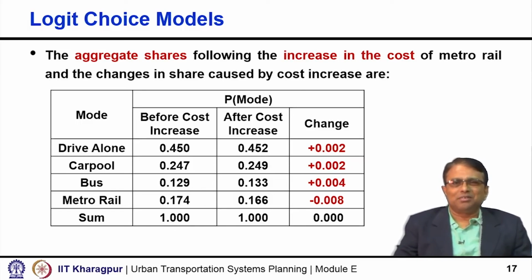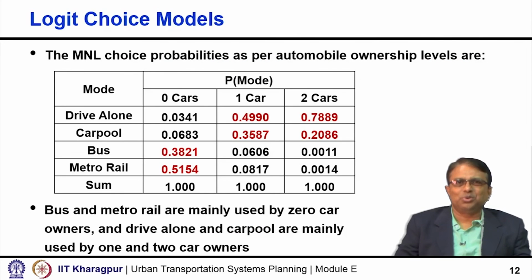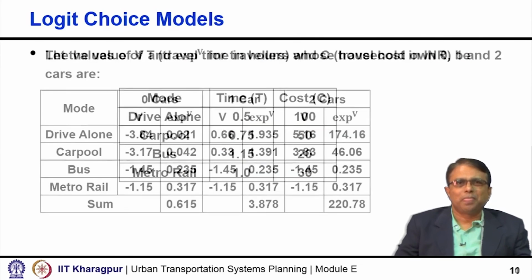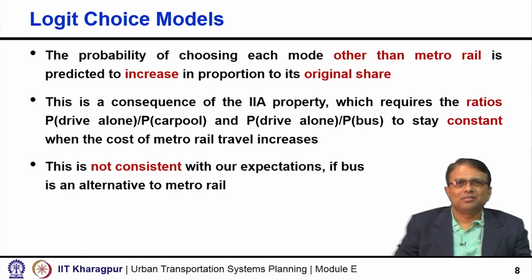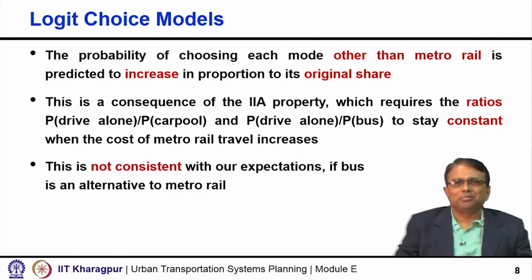Earlier what was there? Whatever shift happened to bus, 3 times higher shift happened to car. You remember? Just go to that equation. Bus shift was, change was 0.002, drive alone 0.006, 3 times higher.